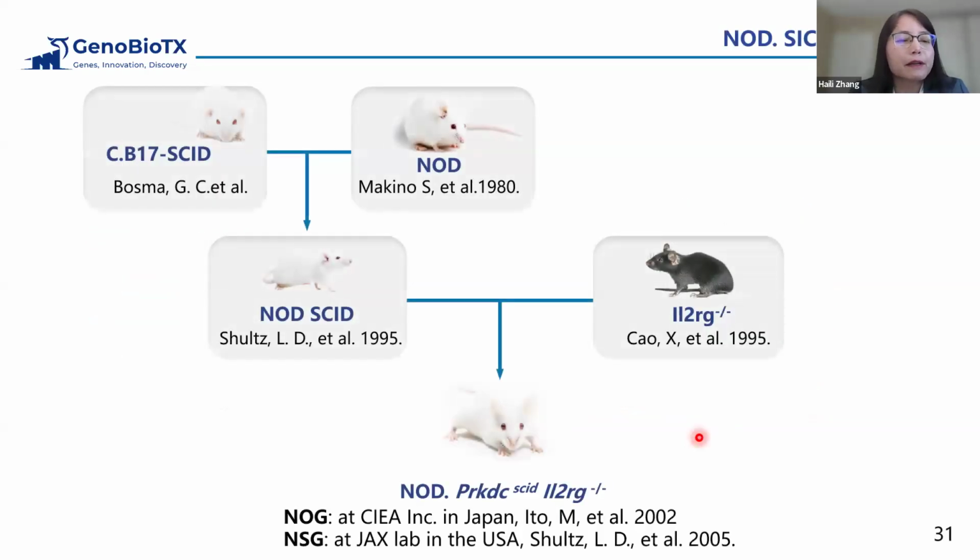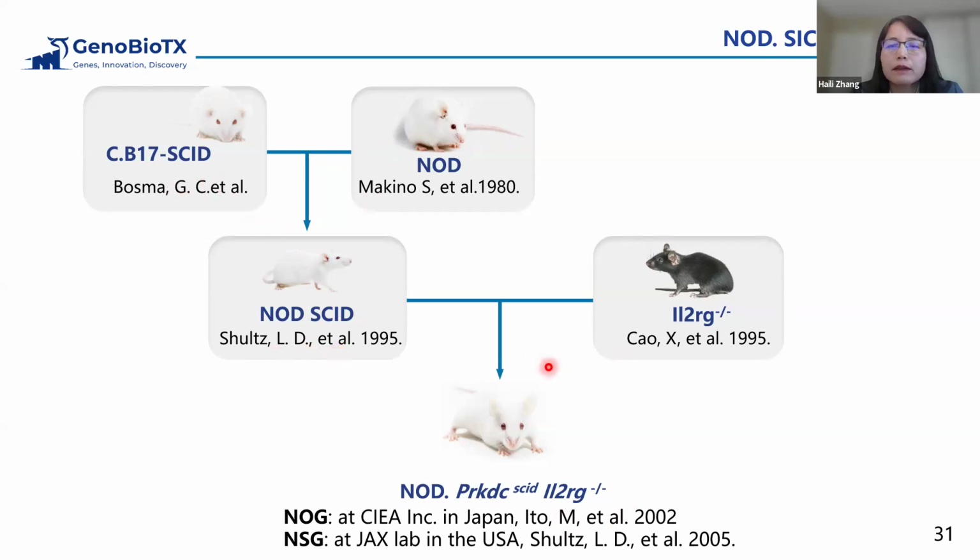This diagram highlights the evolution of highly immunodeficient NOD-SCID IL-2 receptor gamma knockout mice. Starting from the original SCID mice in the CB17 background and crossing with a NOD, we obtain the NOD-SCID mice.